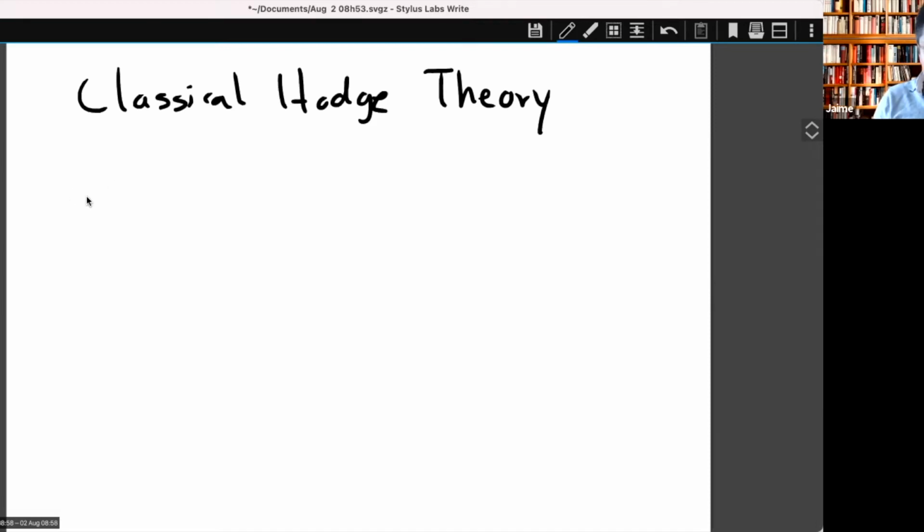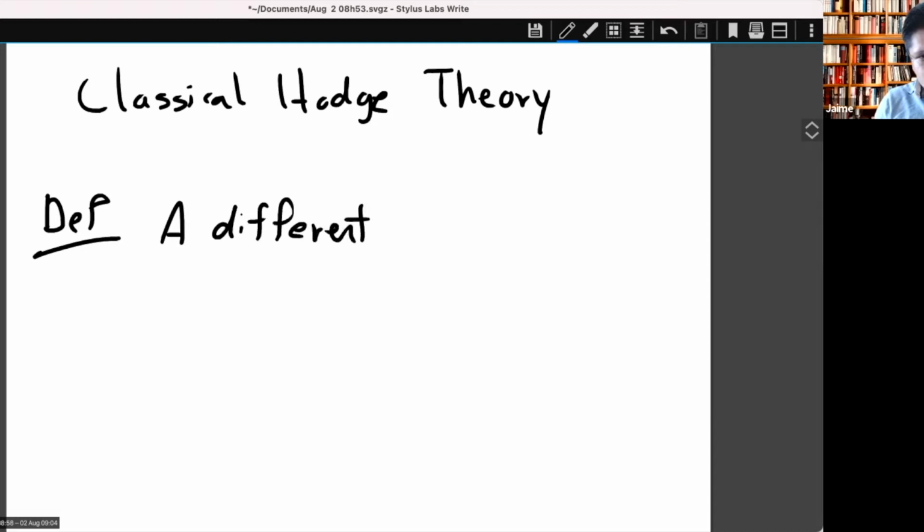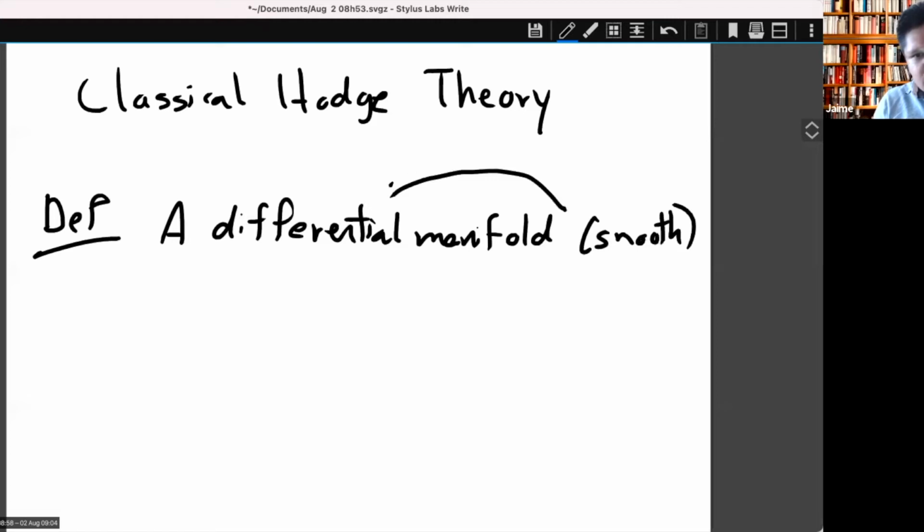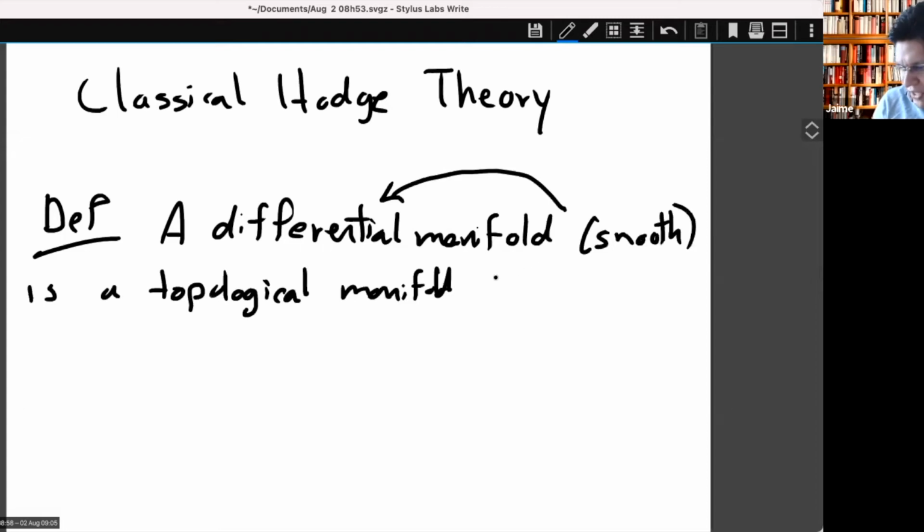So let's start very basic with, well, first we start with a differential manifold. As we all know, a differential manifold, and some people call this a smooth manifold instead of differential, is a topological manifold with a C infinity structure.